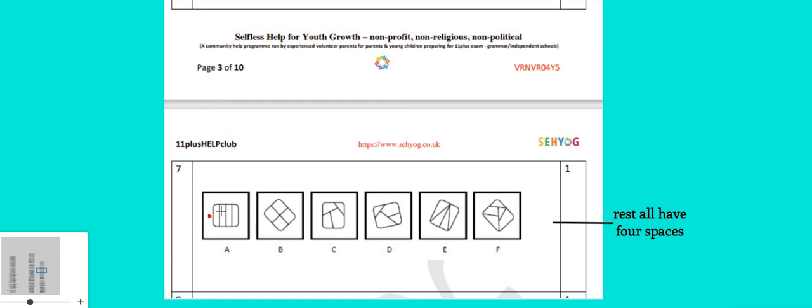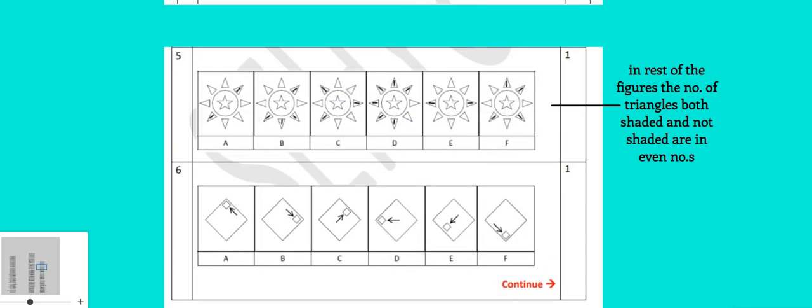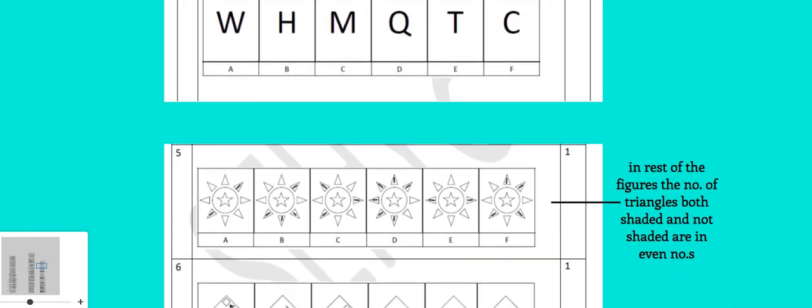Let us count. 1, 2, 3, 4. 1, 2, 3, 4. 1, 2, 3, 4. 1, 2, 3, 4. 1, 2, 3, 4. 1, 2, 3, 4, 5. So now after counting it, we can easily guess that our answer for this question will be F, because it has 5 spaces created.